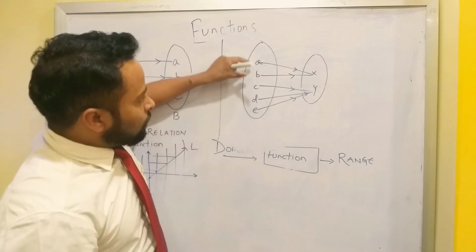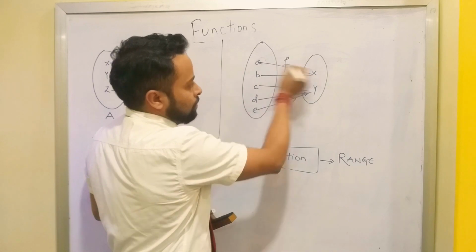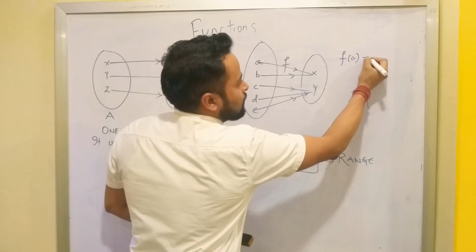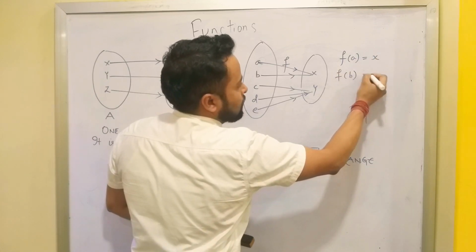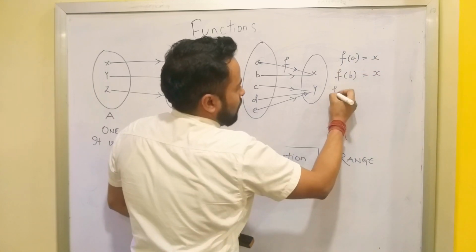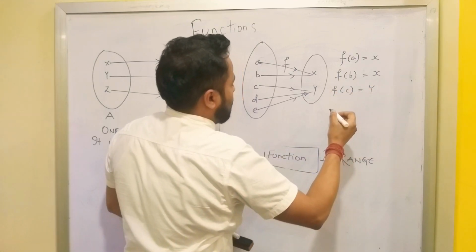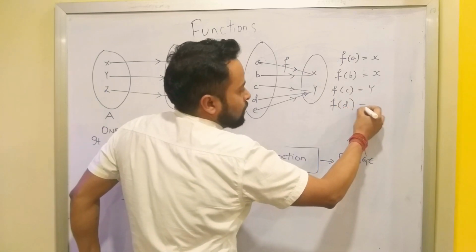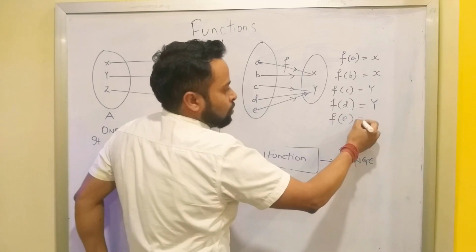Right now when the input is a and this arrow shows the function, we can even write f of a as x, f of b as x, f of c as y, f of d as y, and f of e is also y.